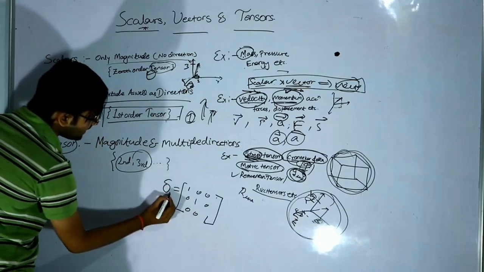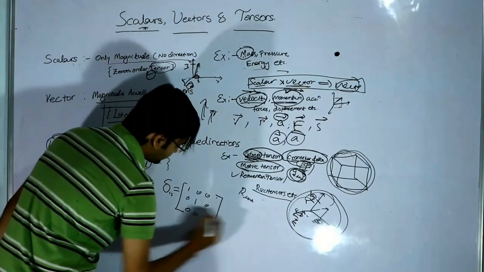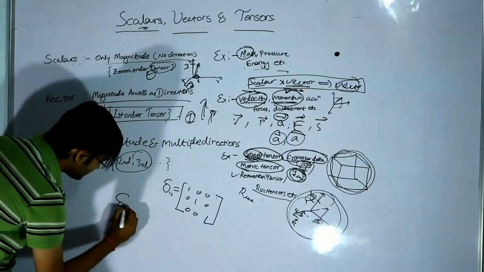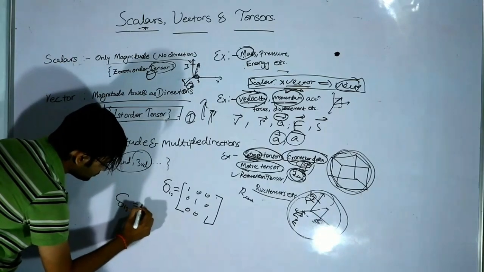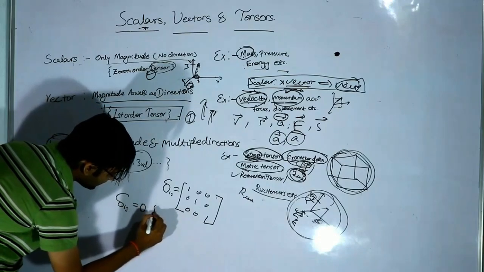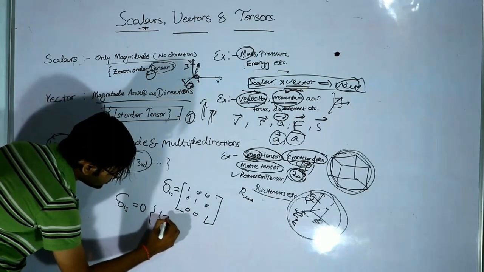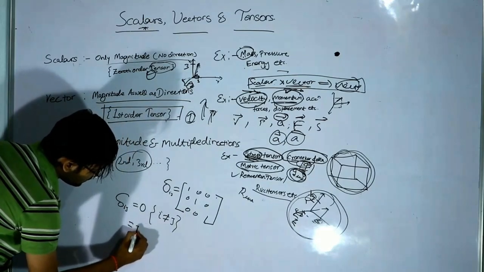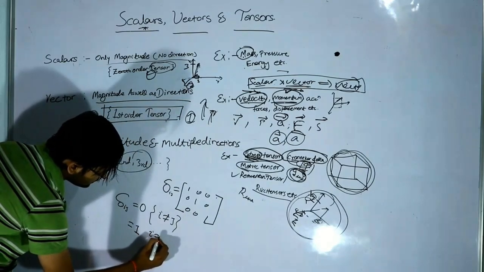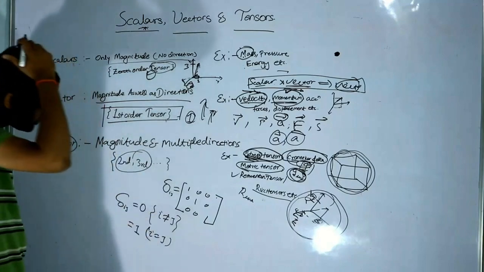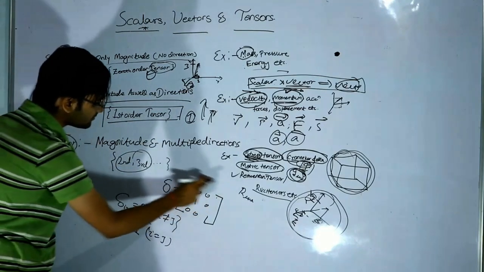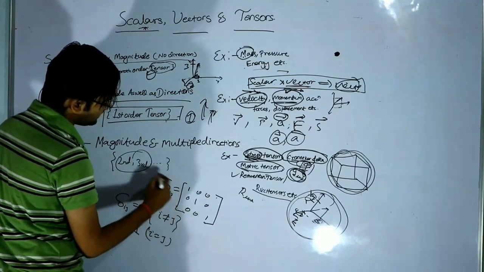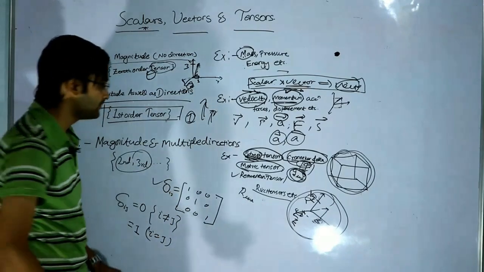Delta ij is equal to 0 when i is not equal to j, and delta ij equals 1 when i equals j. This is a very famous tensor in mathematics, known as the Kronecker delta.